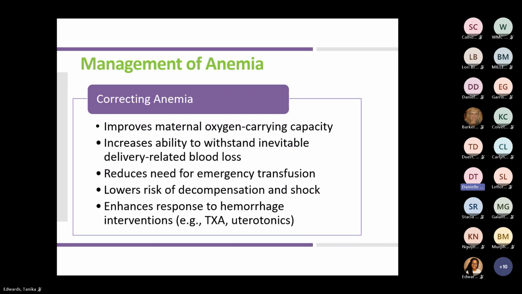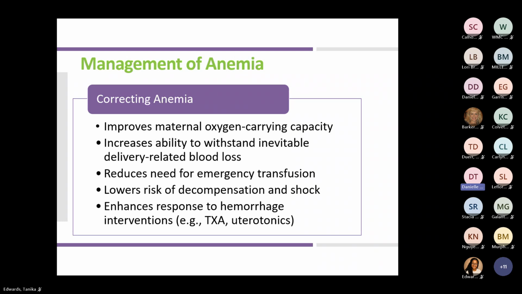If we start higher and we have a major loss, the patient is more likely to withstand this, maybe also reducing the need for emergency transfusion or even transfusion at all. It also lowers the risk of having a patient decompensate because of loss, right? If she's anemic and becomes severely anemic, she's more likely to go into shock and have a severe decompensation.